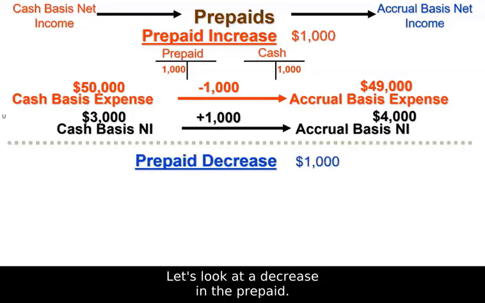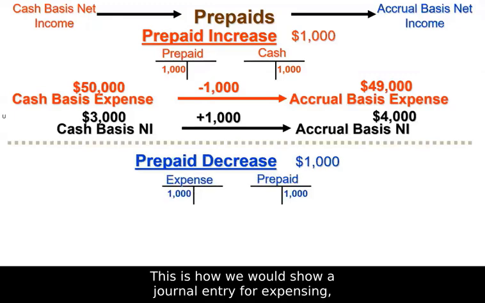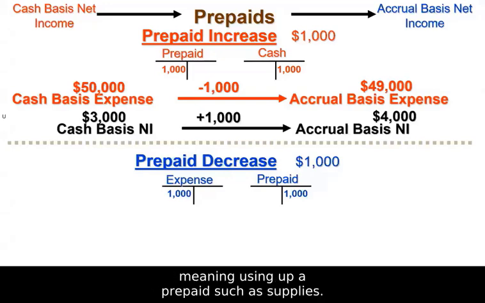Let's look at a decrease in the prepaid. This is how we would show a journal entry for expensing, meaning using up a prepaid, such as supplies. Debit the expense, credit the asset.